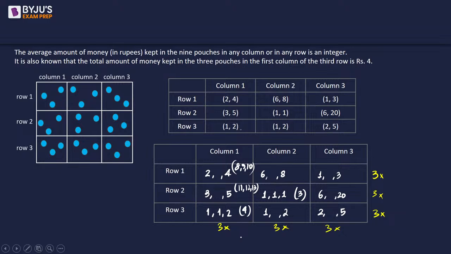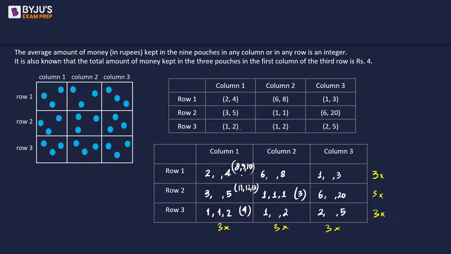Now, since this sum is supposed to be in the table of 3, we can see that 8 plus 11 plus 4 will not give us table of 3, right? 8 plus 11 is 19, 19 plus 4 is 23. 8 plus 12 is 20, 20 plus 4 is 24.